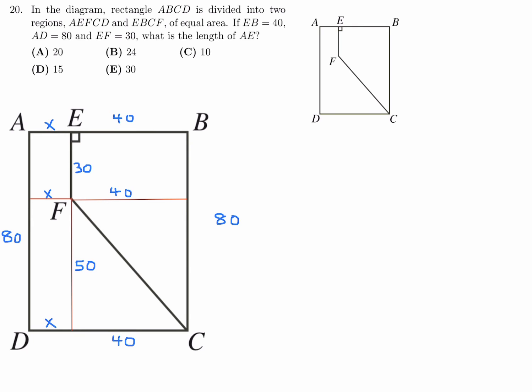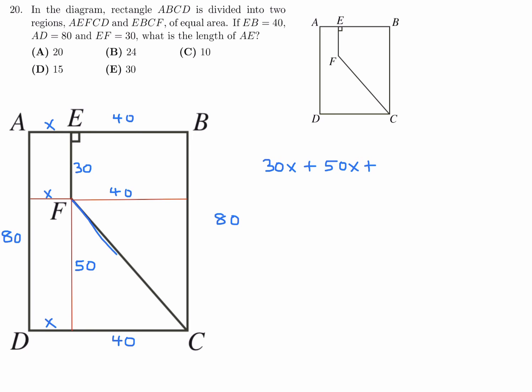All right, so these two shapes that they create by drawing this line are of equal size. So we have 30x for this rectangle right here, plus for this rectangle it's 50x.